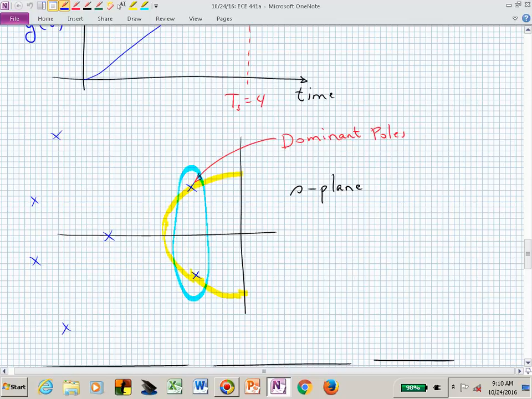If we had a pole that was real, inside that yellow highlight, then we would consider that to be the dominant pole. In fact, they all play together, but if they are separated by about a factor of 5, then those that are closest are going to dominate much more heavily than the ones that are 5 times further into the complex S-plane. Those are our dominant poles in this particular pattern of a 7-pole system.